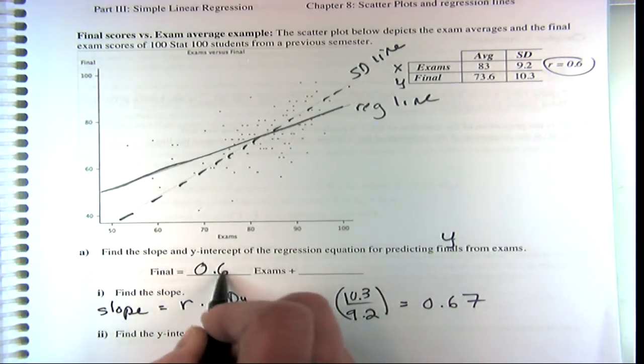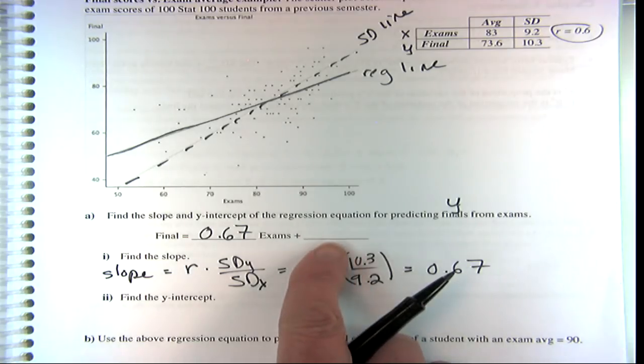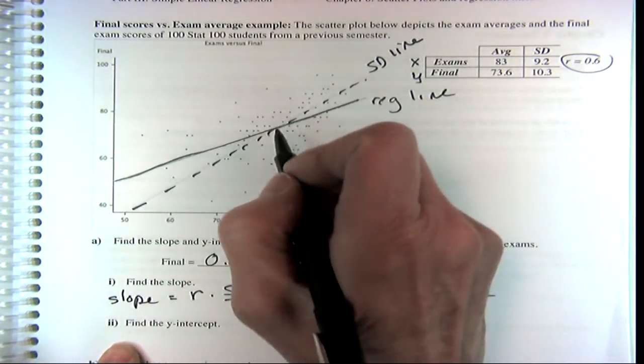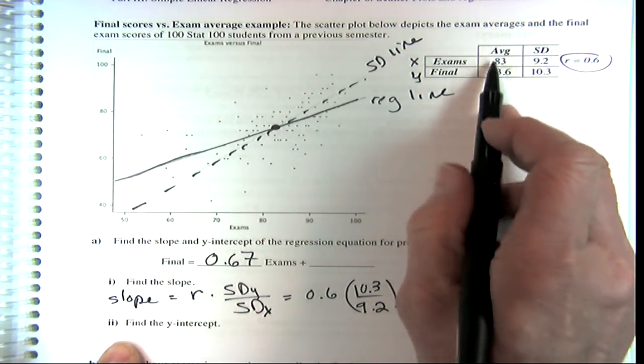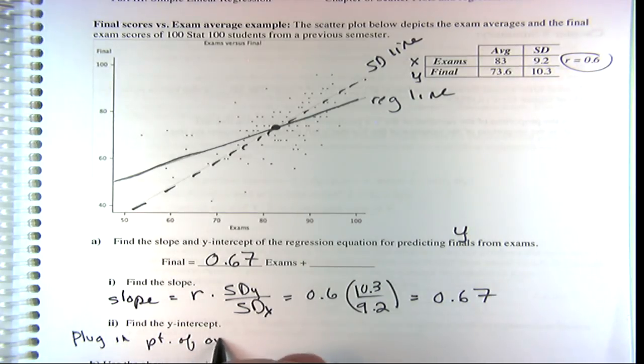So you'd put that in here, right? Now we just want the intercept. To find the intercept, what are we going to do? We know that a point that's on the line is this point of averages right there. So we could just plug in the point of averages, the average of y and the average of x.